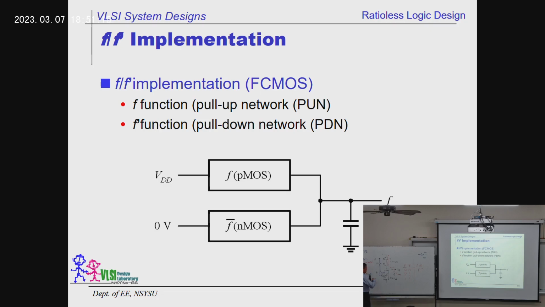And then what's going to happen? If one of them is on, it's this one or this one, it doesn't matter. So one is on, the other one is off. That's fine. So for example, A right now is 1. So this one will be turned on, and this one will be off. Even though B is on, it doesn't matter anyway. So there will be no path to charge the load.